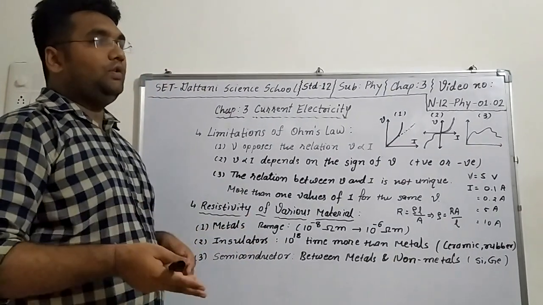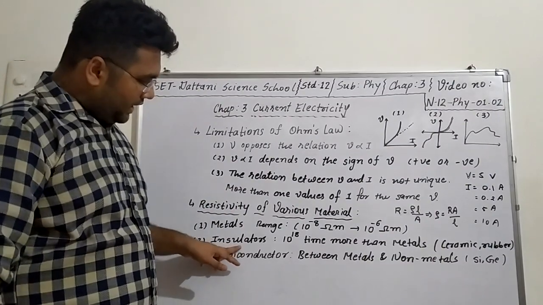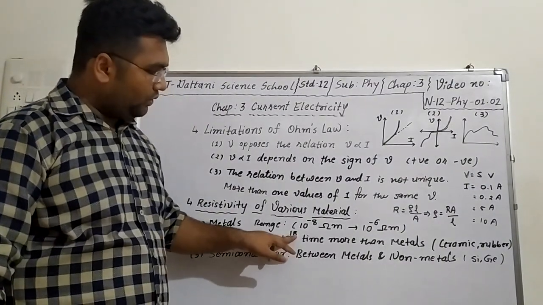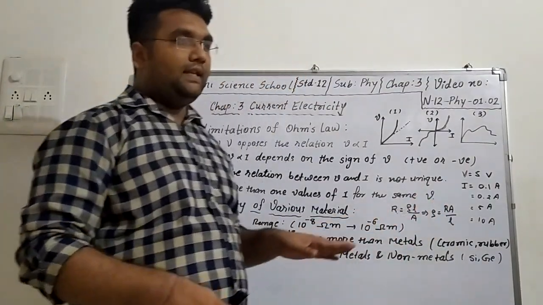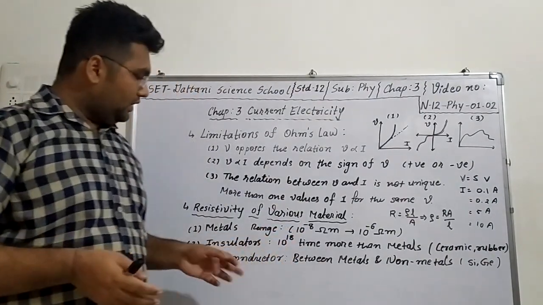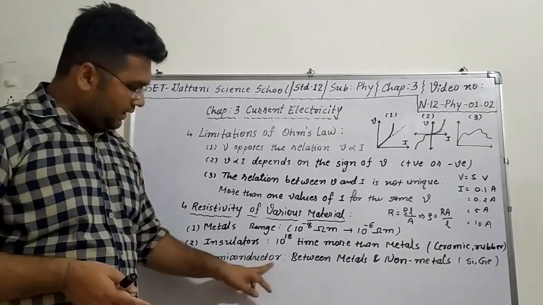But insulators have more resistivity and low conductivity. The insulators' resistivity is 10 raised to 18 times more than metals. So we can say that insulators have more resistivity than metals. And the third one is semiconductor.